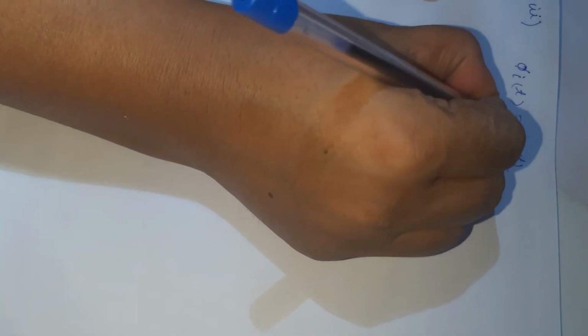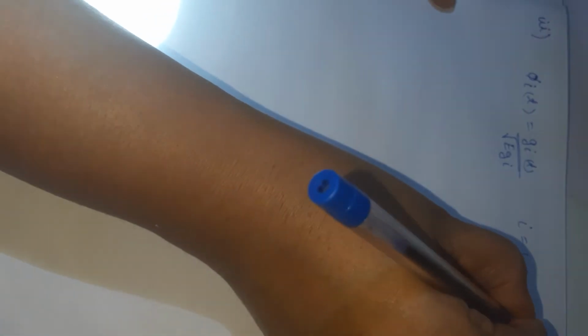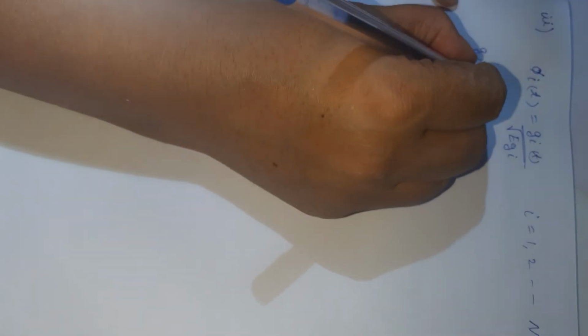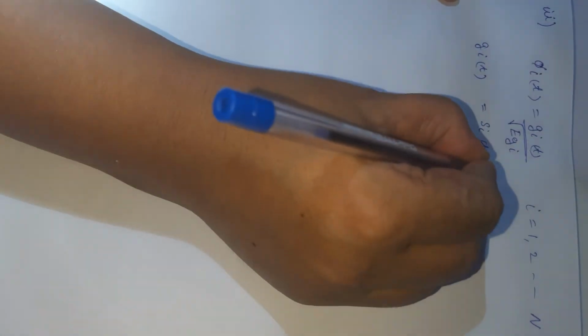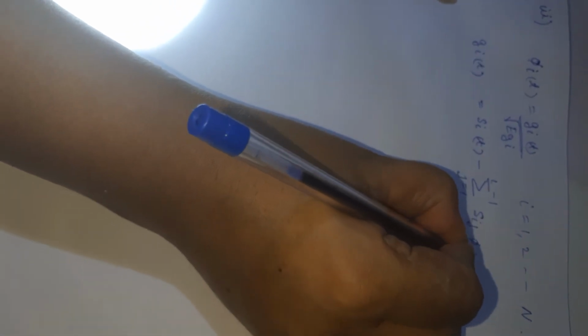From the above equation, phi i of t is equal to gi of t over root Egi, where i is equal to 1, 2, till N, when gi of t is given by, generalizing the fifth equation, gi of t equal to si of t minus the summation from j equal to 1 to i minus 1 of sij phi j of t.